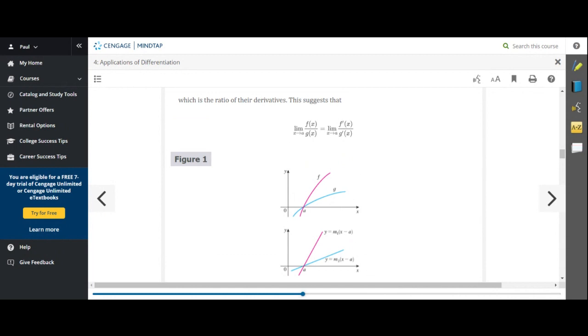Look at that graph in Figure 1. What are the y values that they approach as x approaches a?